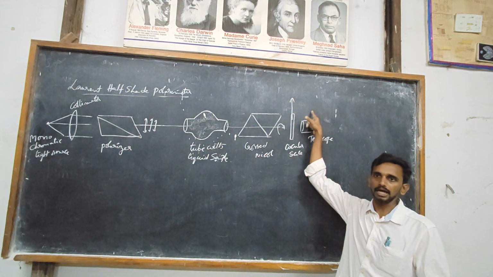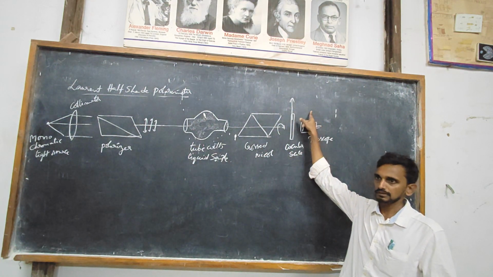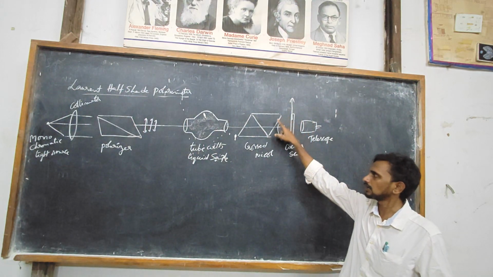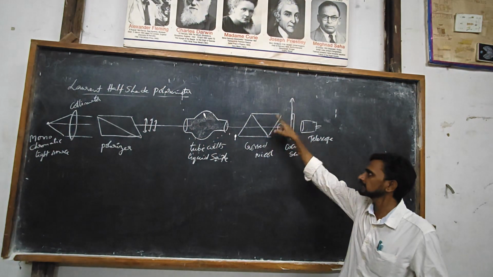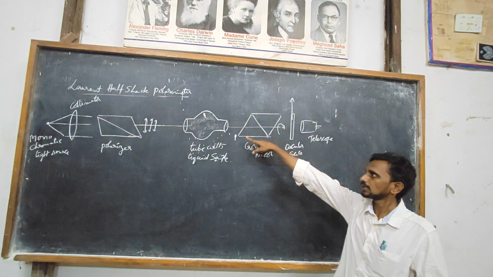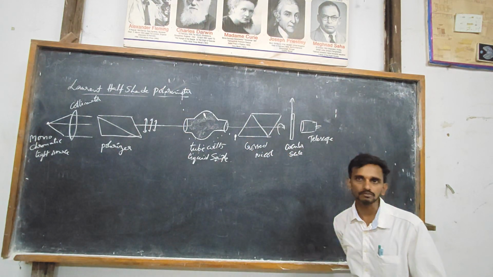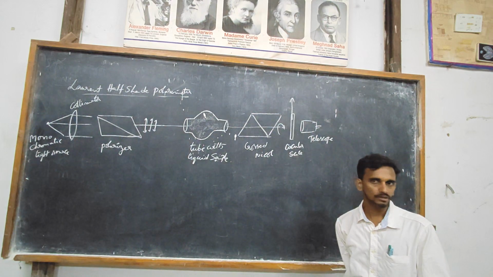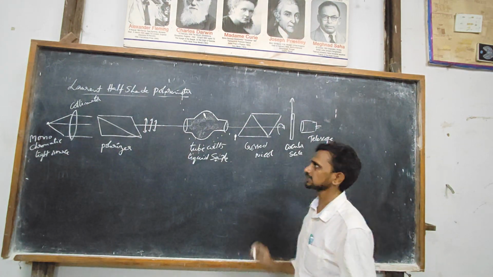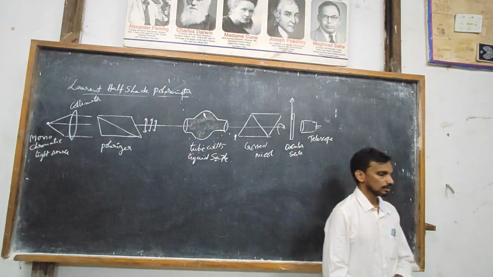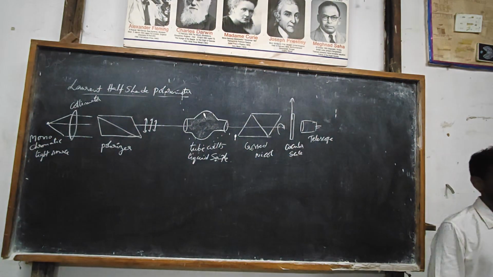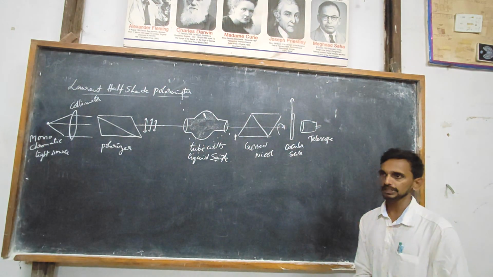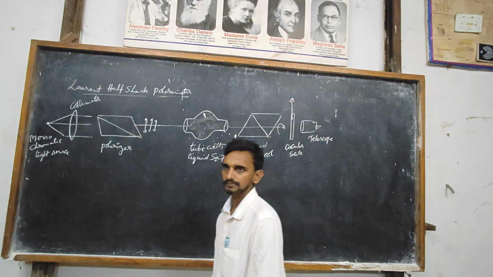Then the angle rotated by this crossed nicol will be the angle of rotation produced by the liquid sample. Right? So that is the basic setup for a polarimeter, which measures the angle of polarization produced by liquid samples.